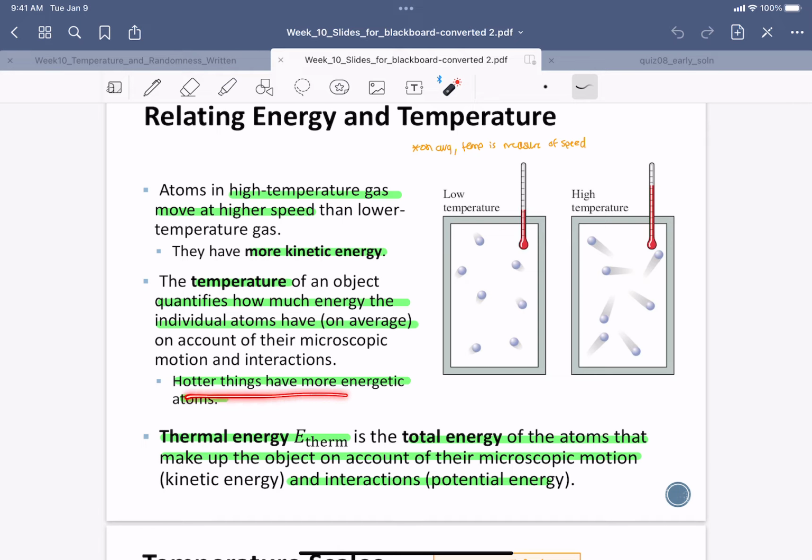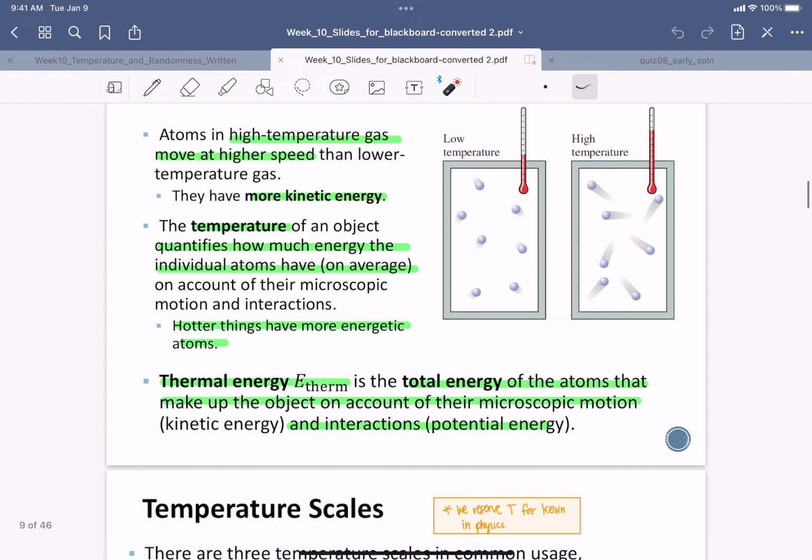Hotter things have more energetic atoms, so that goes back to the average kinetic energy being 3/2 k_B T, which is also equal to 1/2 m v squared. Since those two are equal, higher temperature means higher speed, and higher speed means higher temperature, kind of related.